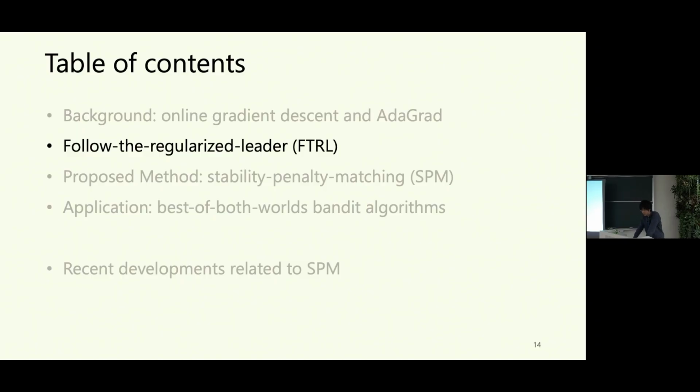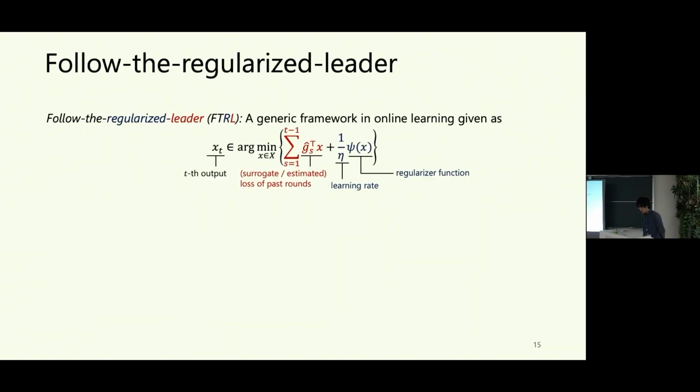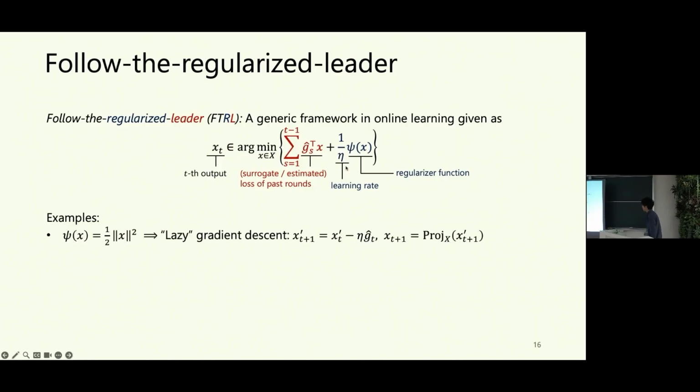So let's move on to FTRL. FTRL is a generic framework in online learning in which we choose the output by solving an optimization problem, including the cumulative loss so far combined with a regularizer function. And this is a generalization of gradient descent. In fact, if the regularizer psi is a squared norm, then this rule leads to lazy gradient descent.